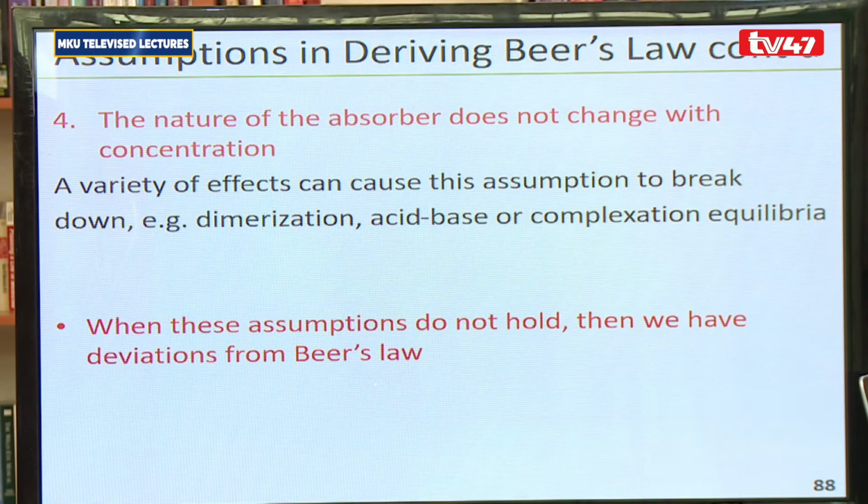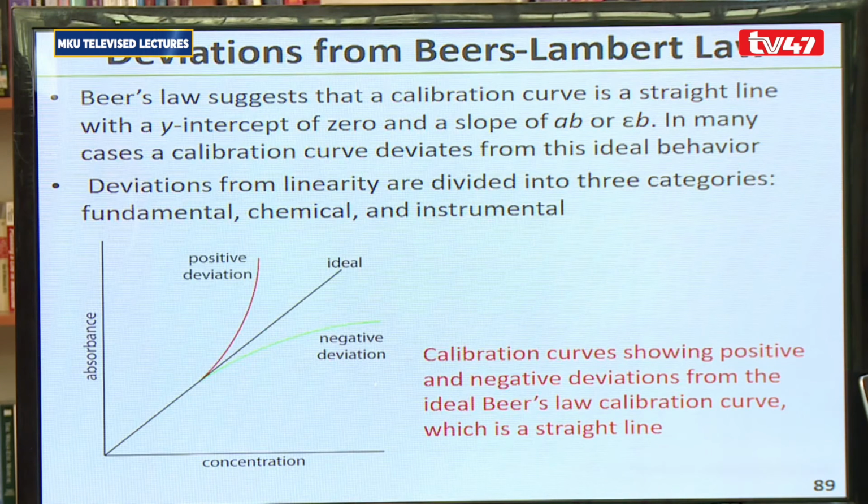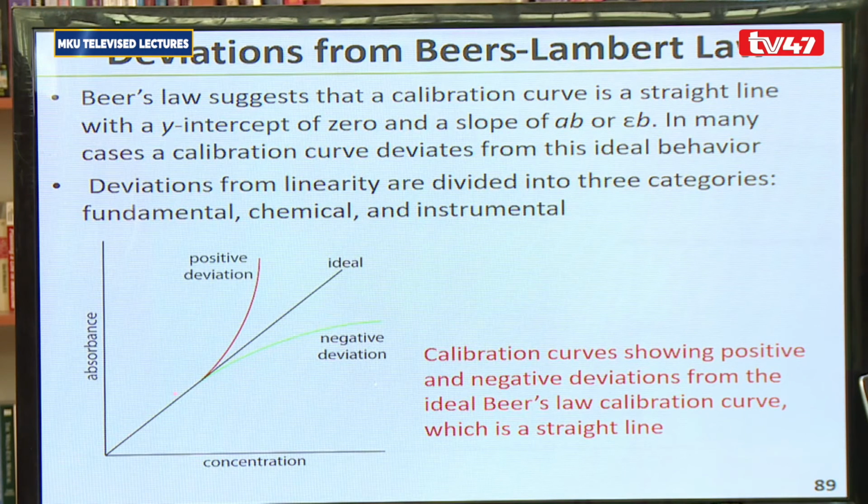The Beer-Lambert law is no longer linear. The deviations can either be positive, meaning the absorbance increases, or negative, meaning the absorbance decreases, and these are deviations from the ideal situation of adherence to linearity.